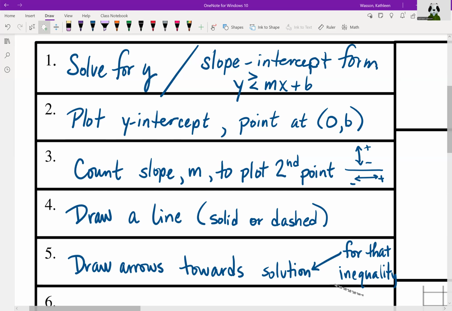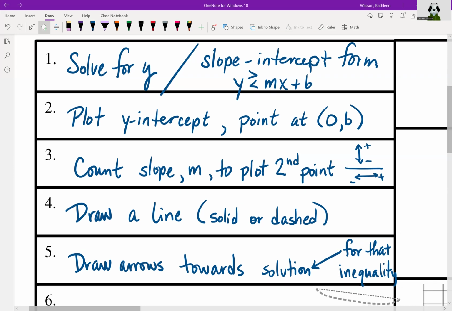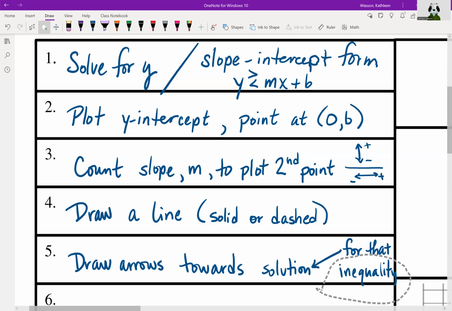Let's scoot this over a little bit so it's easier to read. There, that's better. Okay, so then you repeat these 5 steps until all of your inequalities are graphed.